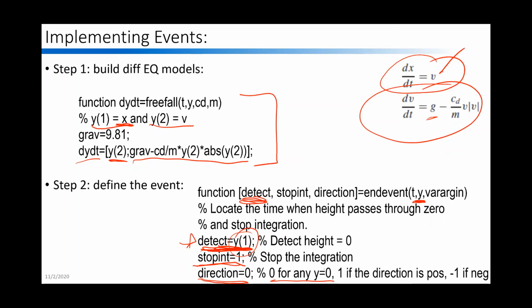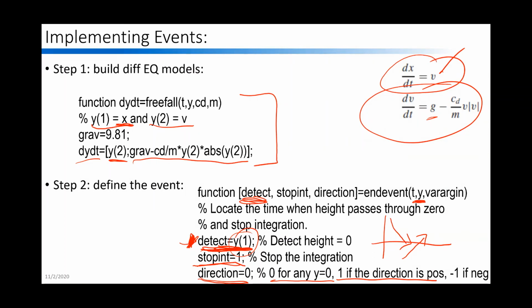So if y is negative going positive or positive going negative, we don't care. We can set it to 1 if we want to look at the y going this way, or negative if we want to go down. But this detect is going to be how we're going to evaluate the system, right?